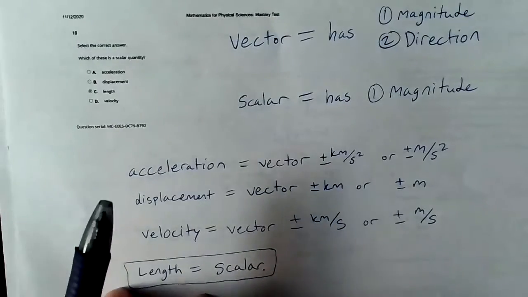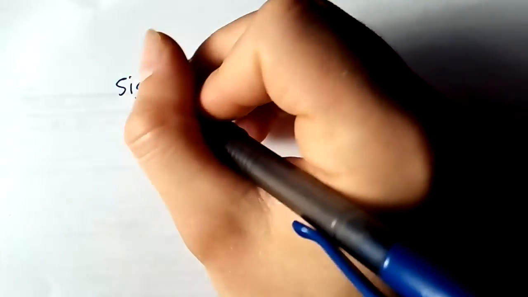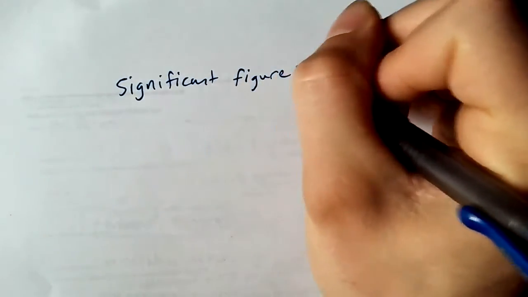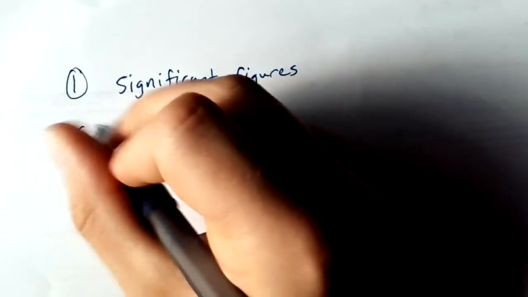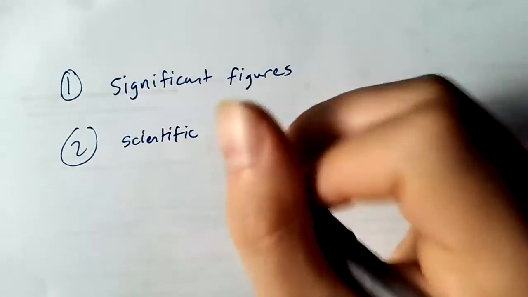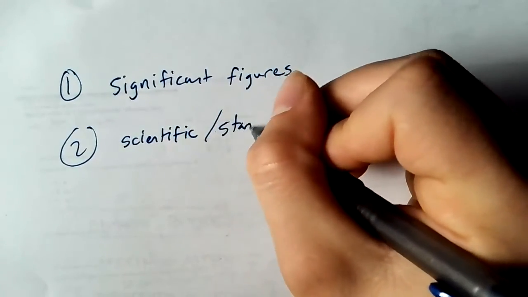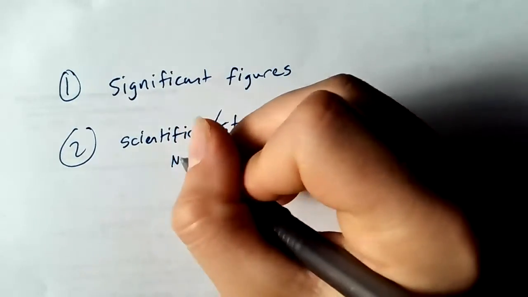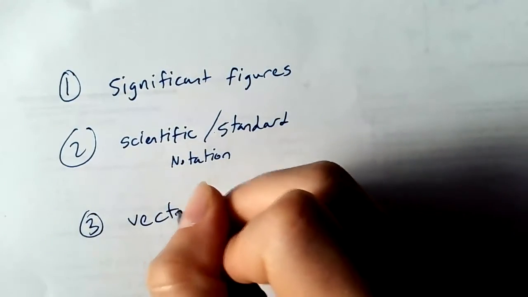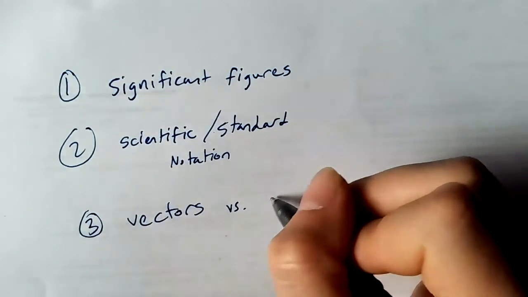So hopefully this helps you with the homework. We talked about sig figs, or significant figures. Scientific notation, I guess, standard notation. Vectors versus scalar.